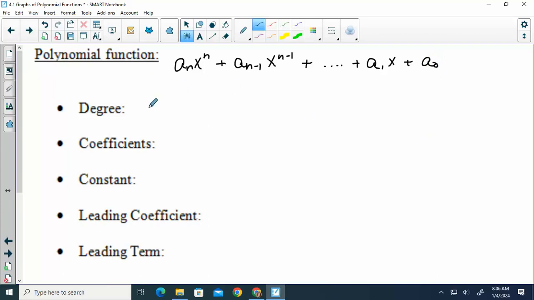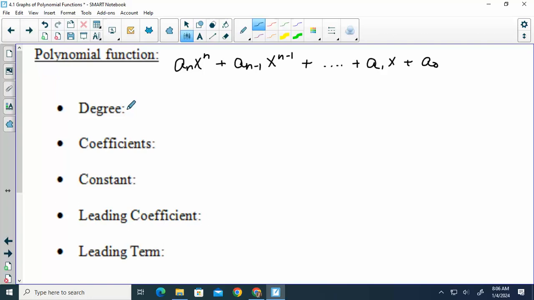So a sub n is just the coefficient of the nth term, x to the n power, whatever that n might be: first, second, third, fourth power. They don't have to be written in decreasing order like this, but they certainly can be, especially if we're putting it in typical standard form.